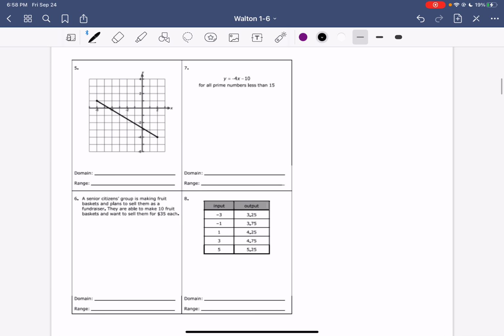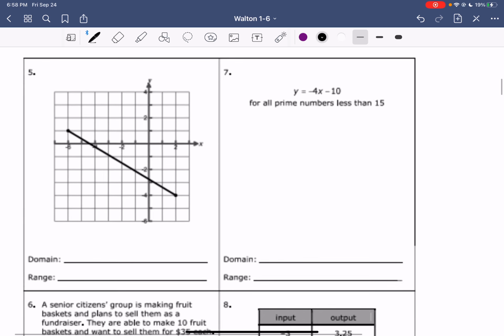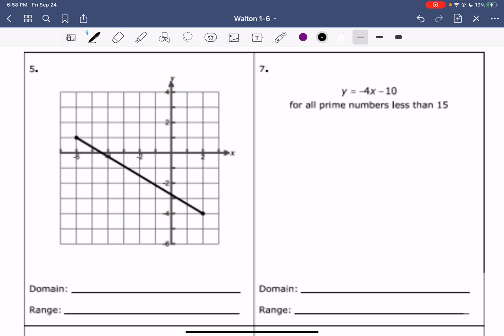5 through 8. So now I'm going to zoom in on number 5. We're looking at domain and range again. So I'm looking for my least x and my greatest x. So I have here at -6, -4, -2, and then 0 and 2.